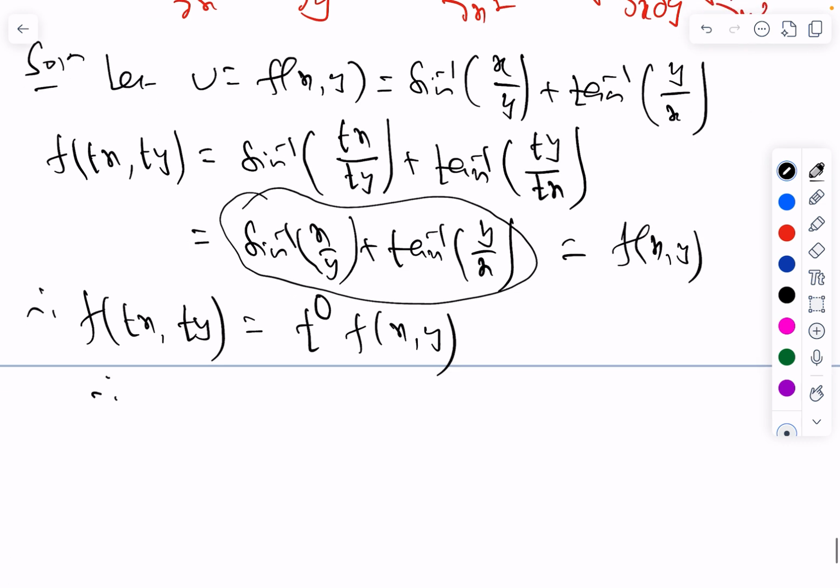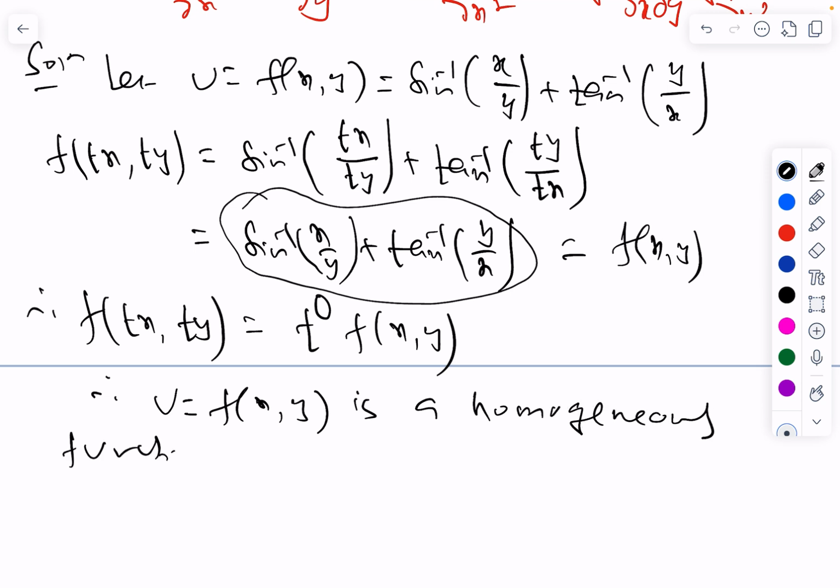So therefore, u equal to f of x, y is a homogeneous function of degree 0 in x and y.